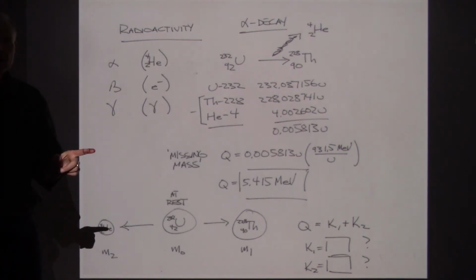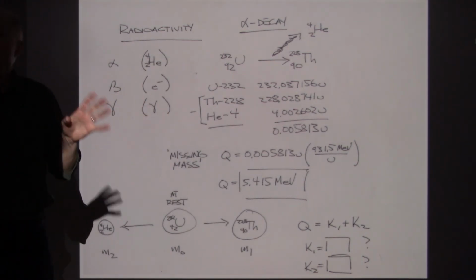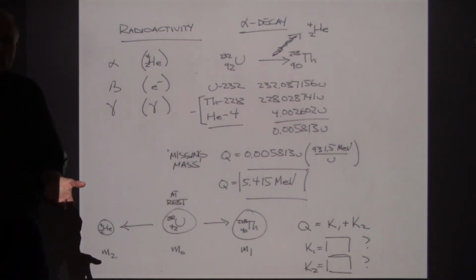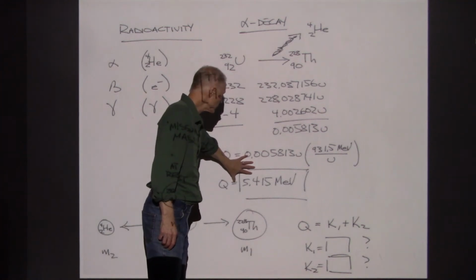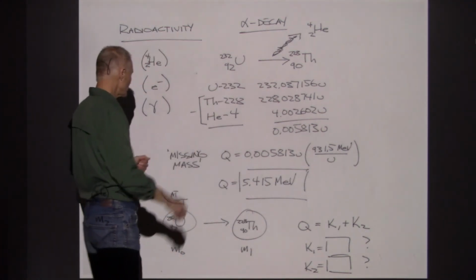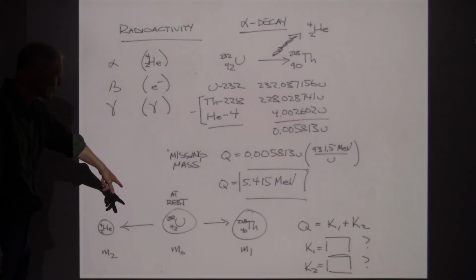So the two momenta have to be equal amounts in opposite directions. So that's a constraint. And then energy is conserved. And so this energy becomes the total available energy to be shared by the two particles coming out of the reaction. So I've written this kind of suggestively.